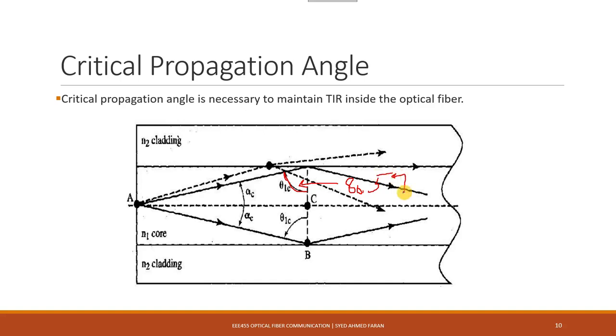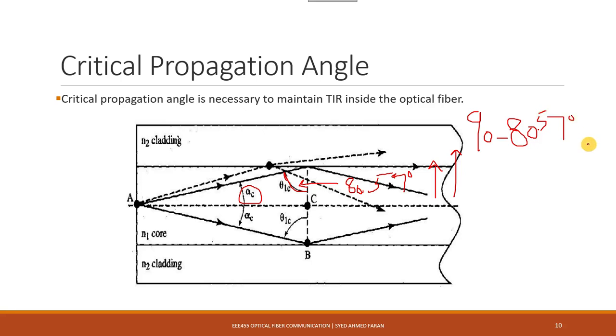So the angle of the light needs to be more than this value to maintain total internal reflection. When this angle is more than 80.57, what will be the angle alpha c? We take the difference, 90 minus the critical incident angle, which is 90 minus 80.57 degrees.